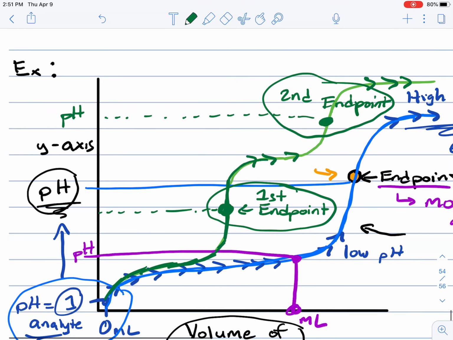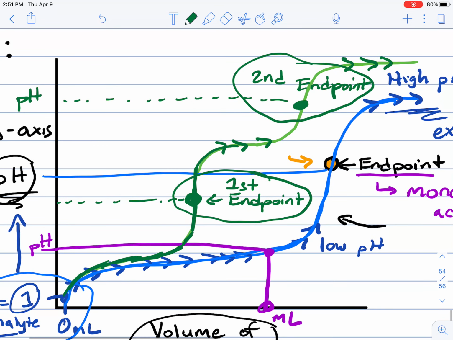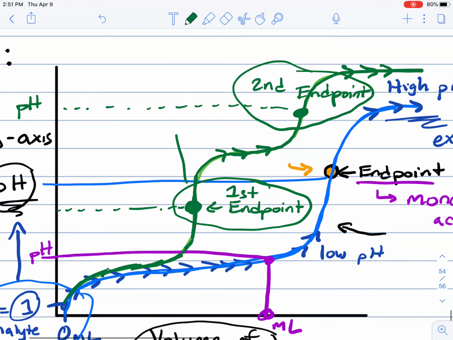And so if you guys are just solely looking at the titration curve in green, since there are two endpoints, then that must mean that our analyte is a diprotic acid.